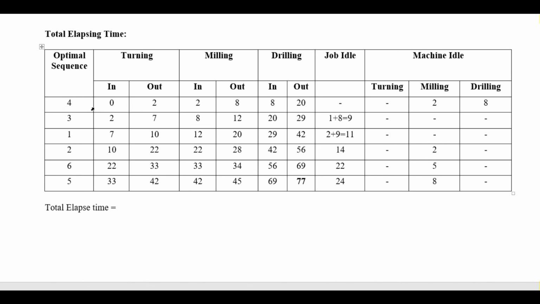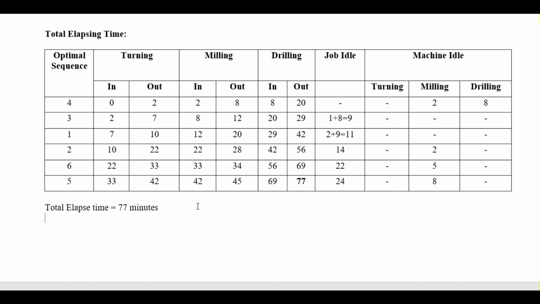In other words, the cycle starts with the turning operation of the fourth job and ends with the drilling operation of the fifth job. So this cycle will be completed at 77 minutes, or it takes 77 minutes to carry out all the operations. Okay, this is the total elapsed time.